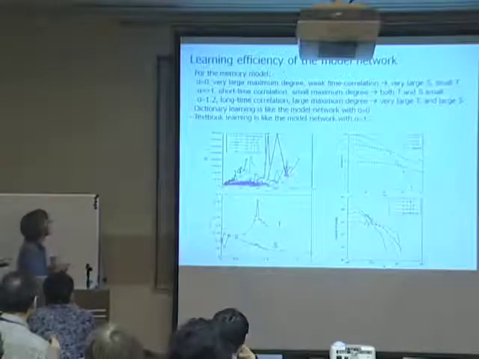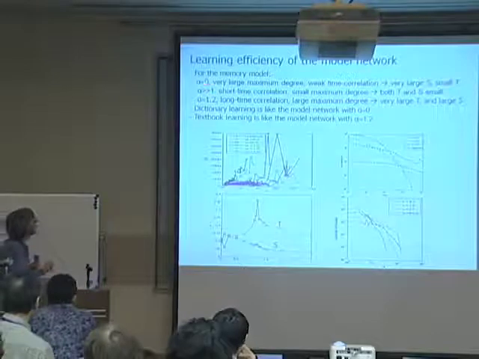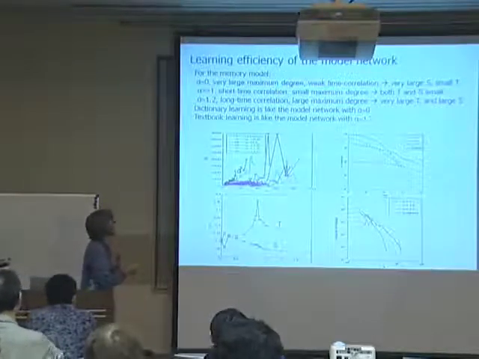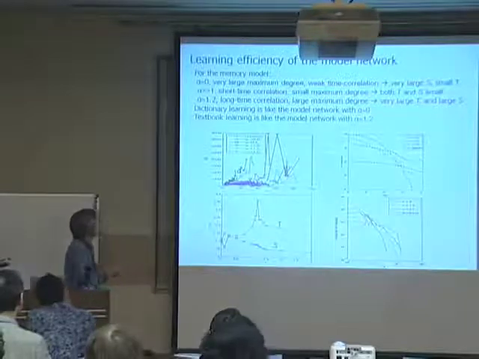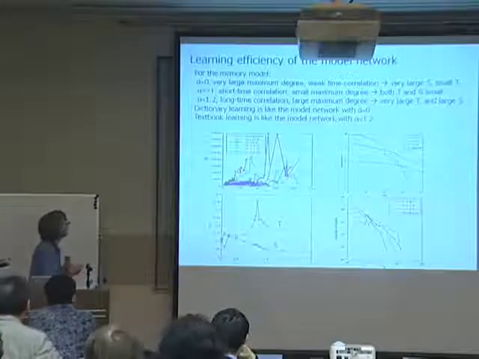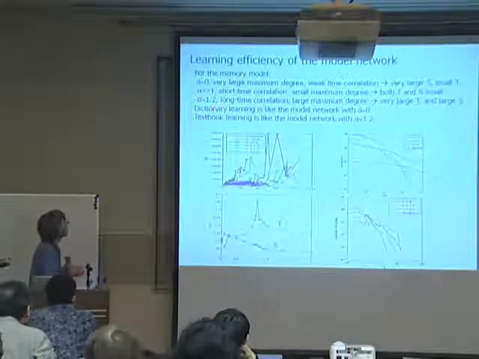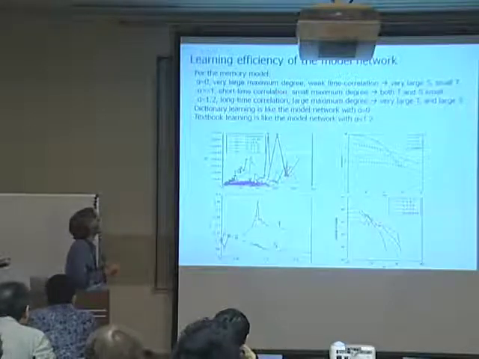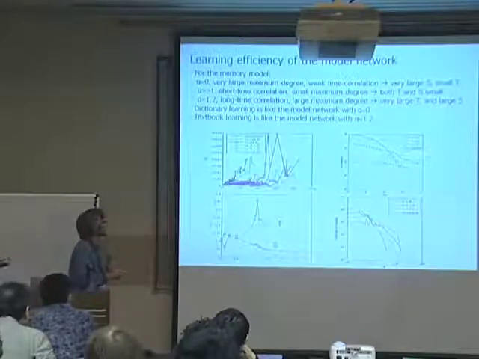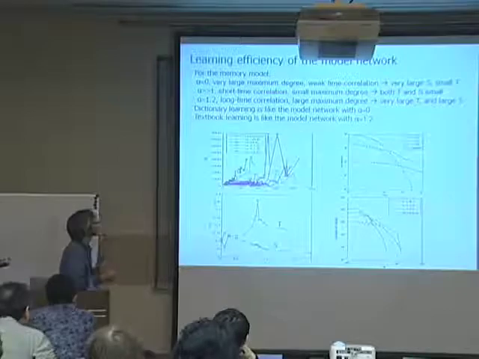In the case of a very large alpha, it has a very short time correlation and a small maximum degree, so both T and S are small. When alpha is around 1, it has a long time correlation and also a very large maximum degree, so we have a very large T and very large S.